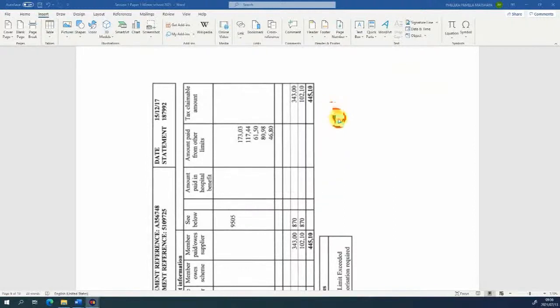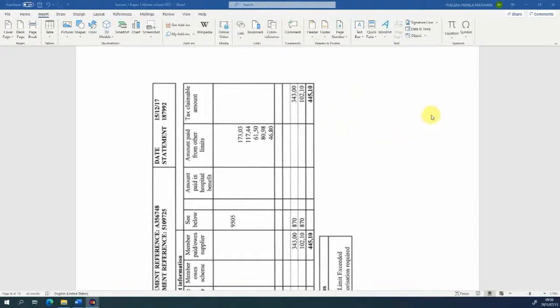Let me get my annexure. Okay, if you look at the annexure there, let's try and make sense.